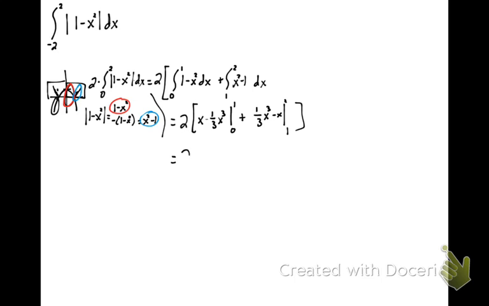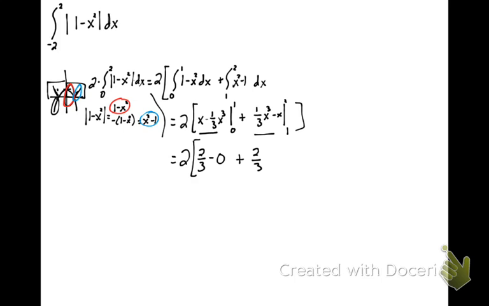So now I just need to really use my grouping symbols to help me out. Dealing with this first integral from 0 to 1, when x is 1, I'll have 1 minus 1/3, or 2/3. That'll be 2/3 minus 0. Plus, now I'm dealing with the second integral. When x is 2, I'll have 8/3 minus 2, or 8/3 minus 6/3, which is just 2/3.